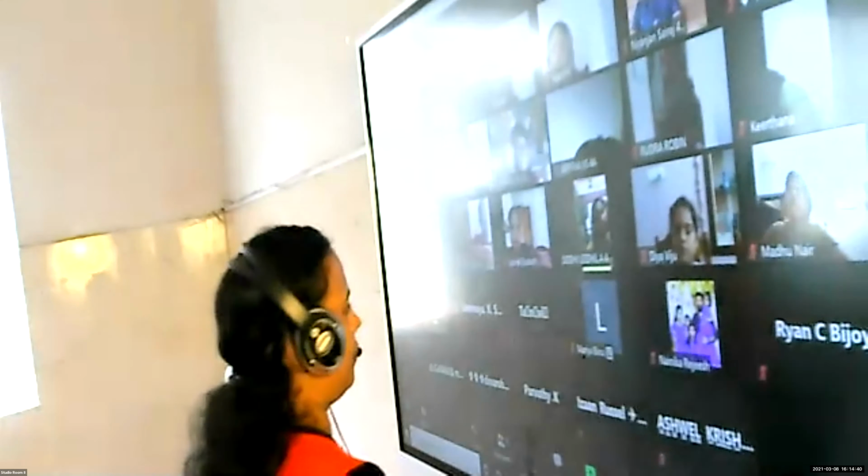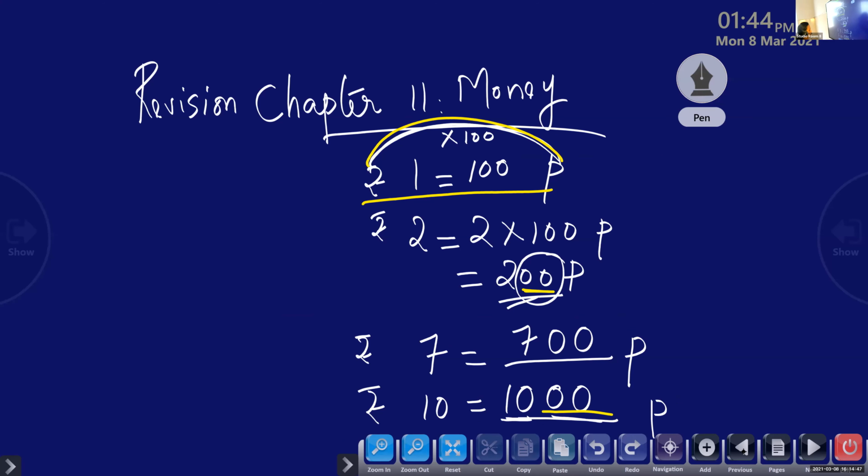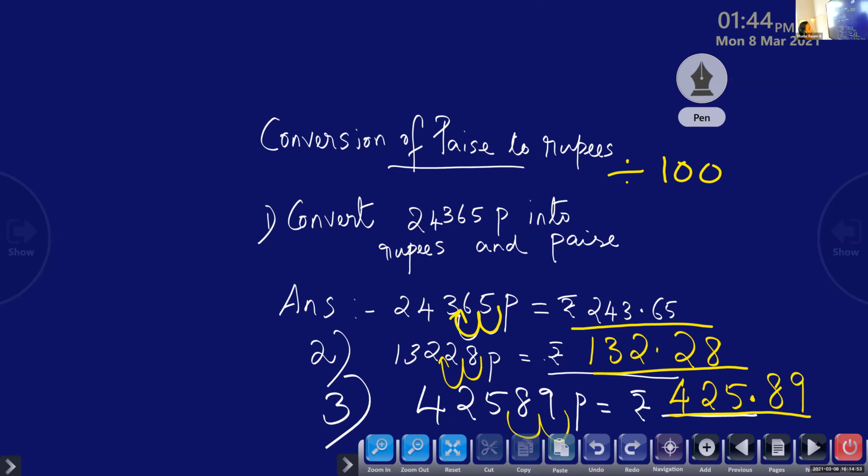So first what we have done here is converting rupees to paise, multiply by 100. Then what we have done is paise to rupees. So what you have to do is move the decimal point from right to left. That is paise into rupees and paise.